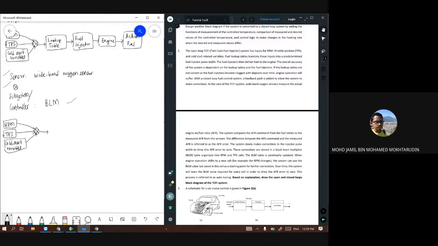Instead of using the lookup table, we use the block learn multiplier. And then we have the fuel injector, the engine, and the output is AFR, the air to fuel ratio. Okay, so we have a sensor. We call it the wideband oxygen sensor.